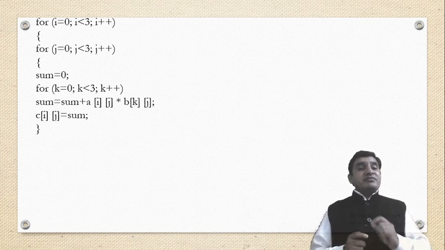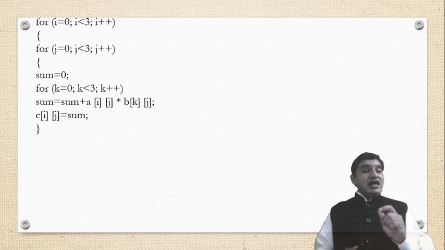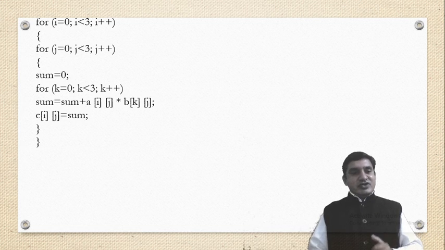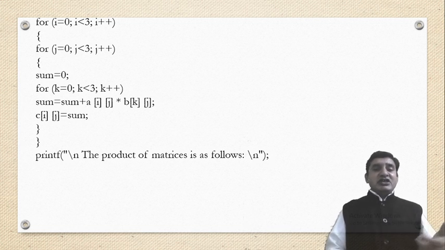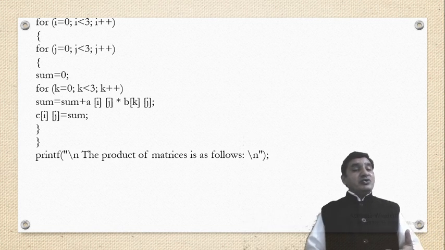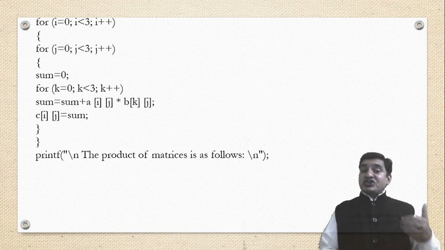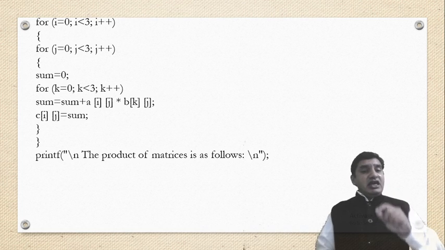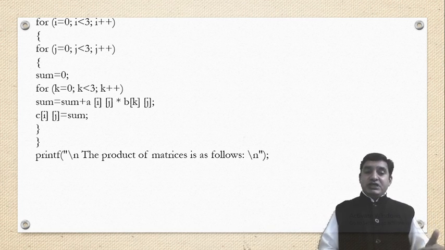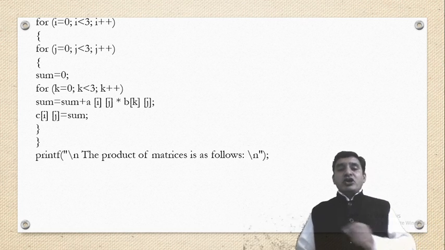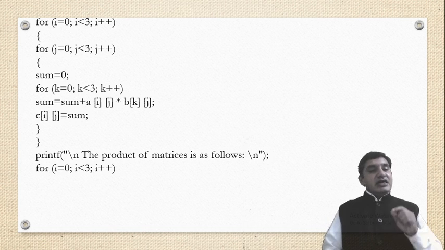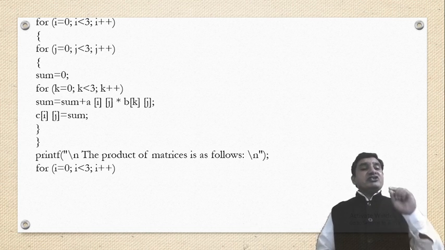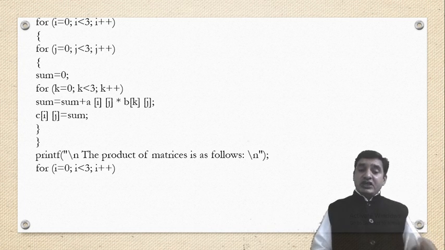Now this sum is equal to c[i][j], that is the third matrix. This process is carried out, and we get matrix C, that is the multiplication of matrix A with matrix B, and the product matrix C consists of 3 rows and 3 columns.